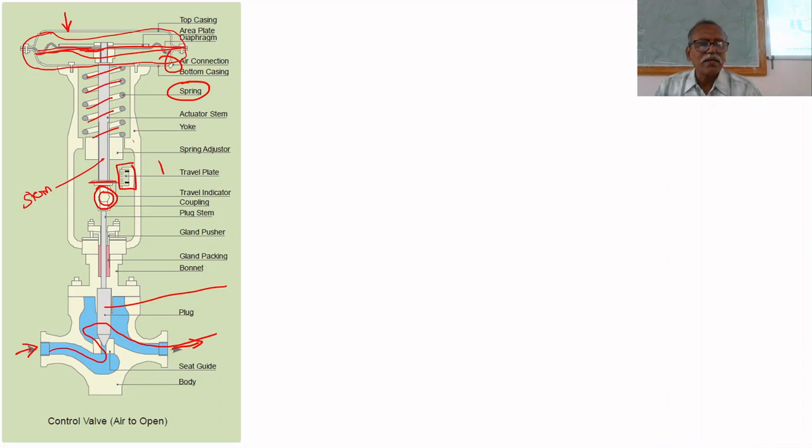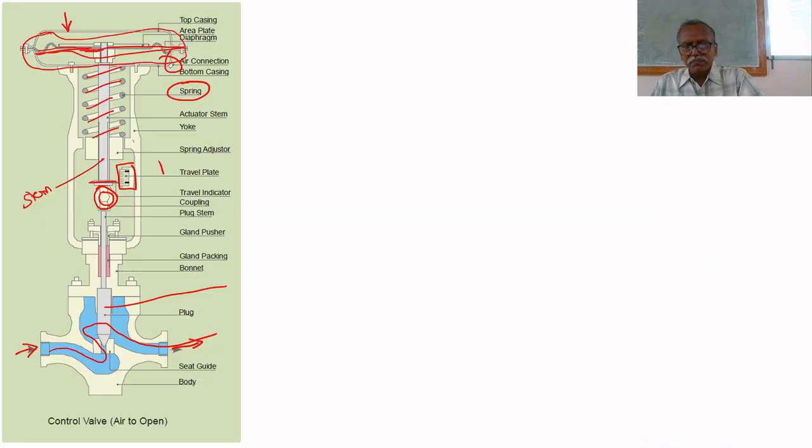Both types are available. Which type you select is based on the safety of the situation, whether, if the pneumatic signal fails, the valve has to be closed or opened. Depending upon the safety aspect, we have to decide air to open or air to close. So this is sufficient to know about the valve.